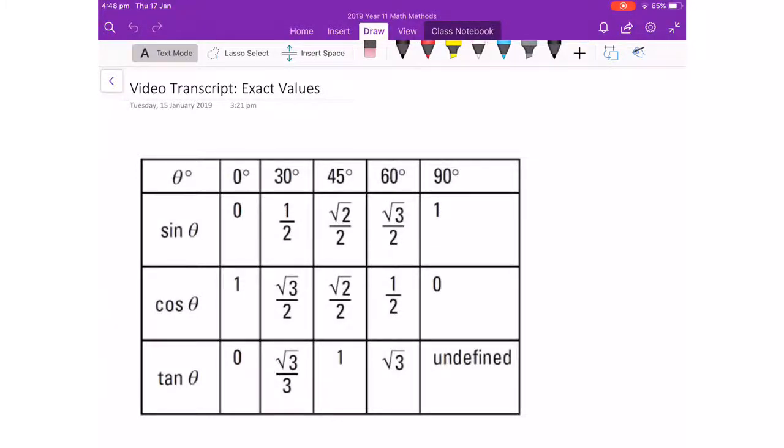This video in particular is just going to be talking about exact values. I'm not going to go too in depth about what the exact values are. What I'm going to be focusing on more in particular is actually applications of them, solving questions using these exact values.